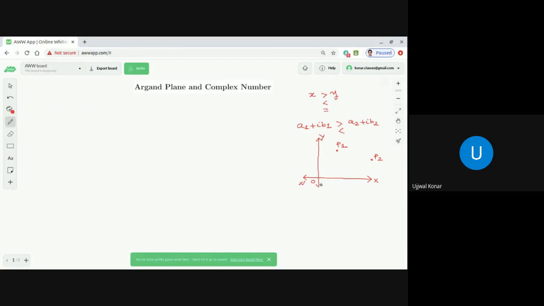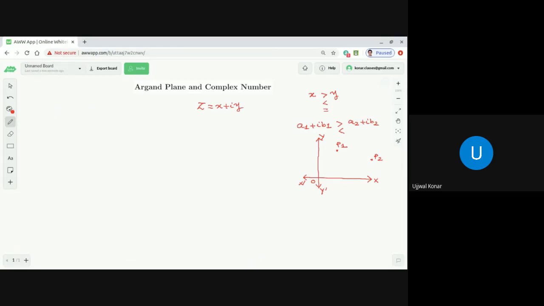So what we understood so far is that we can represent a complex number just like a point in a coordinate system. The notation x plus iy, when you write z equal to x plus iy, is called the algebraic form of representation of a complex number.